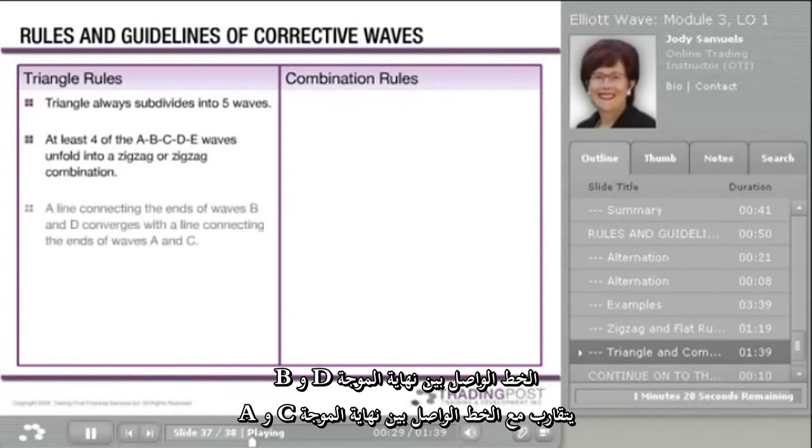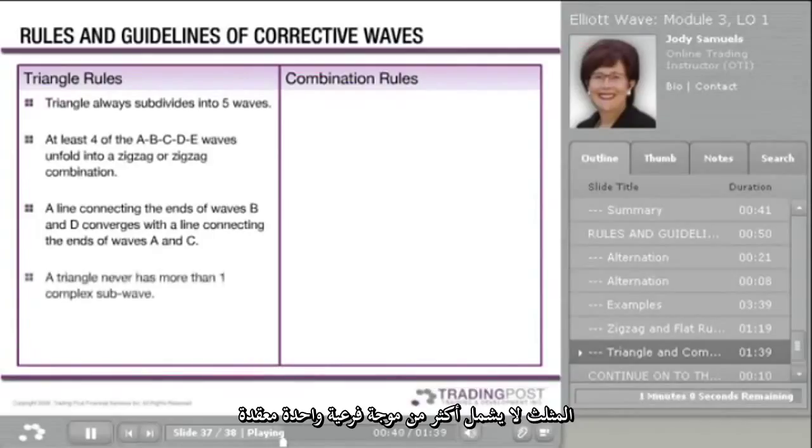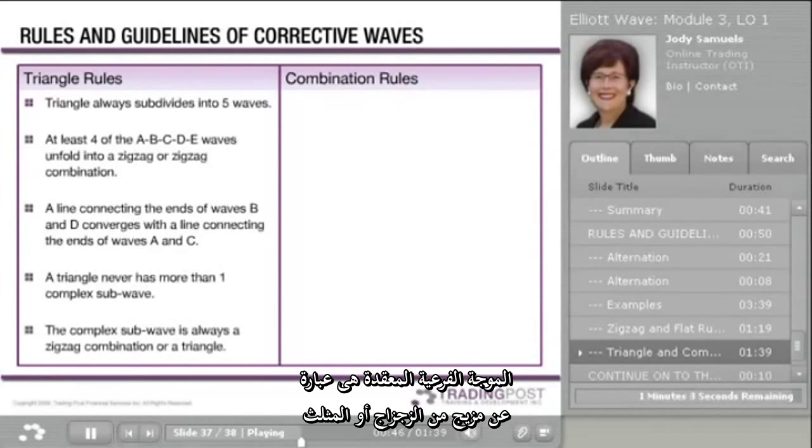A line connecting the ends of waves B and D converges with the line connecting the ends of waves A and C. A triangle never has more than one complex subwave. The complex subwave is always a zigzag combination or a triangle.